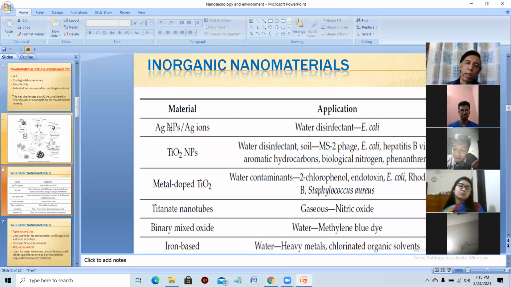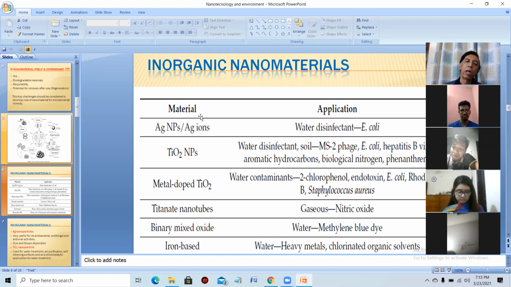You see, these inorganic nanomaterials are mainly inorganic metal-based nanomaterials, and if you see their application, they can disinfect, or they can separate the heavy metals, or they can reduce the chlorinated organic solvent.